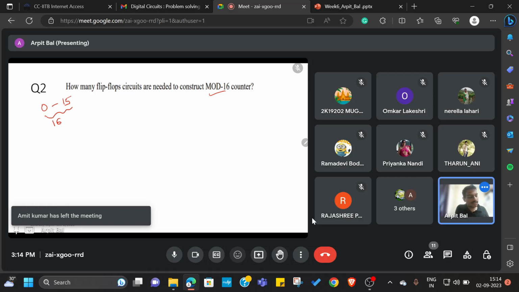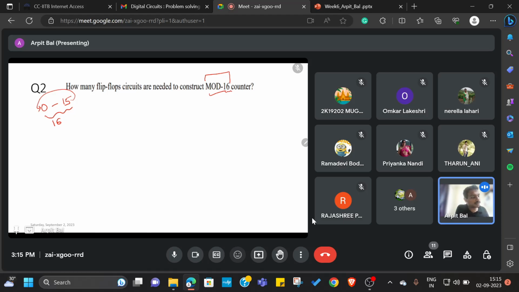That's why it is called a mod 16 counter. Once the count reaches 15, it will go back to 0 again, and the count will be repeated. Whenever you are given a question like this, it can be anything, we can call it mod k.